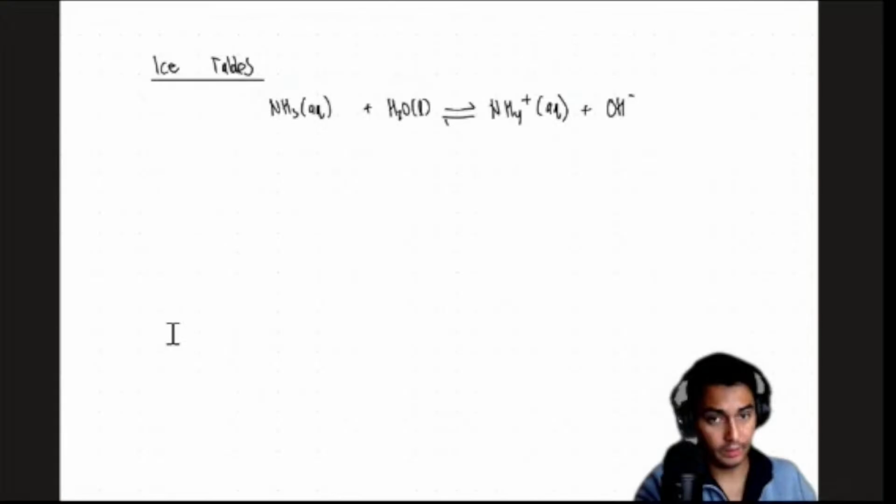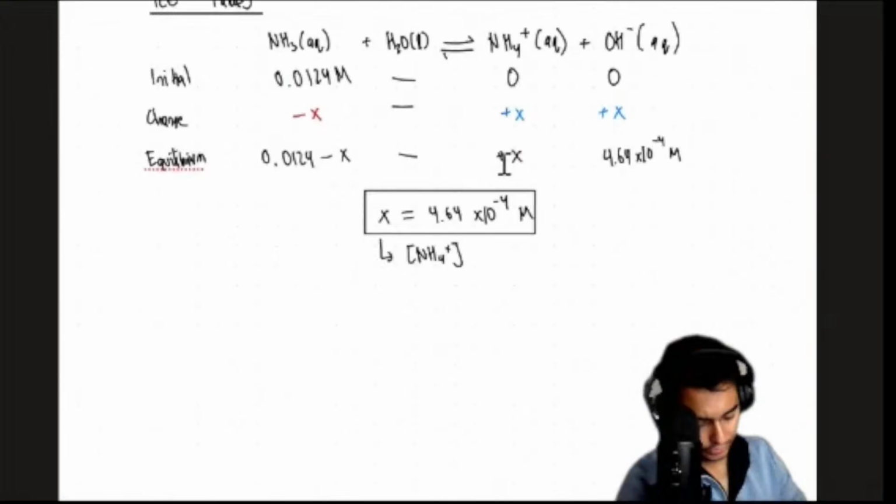And then all I have to do is take 0.0124 minus 4.64 times 10 to the minus 4. And that's going to give us approximately 0.0194 molar. All right. So now we effectively know everything at equilibrium.